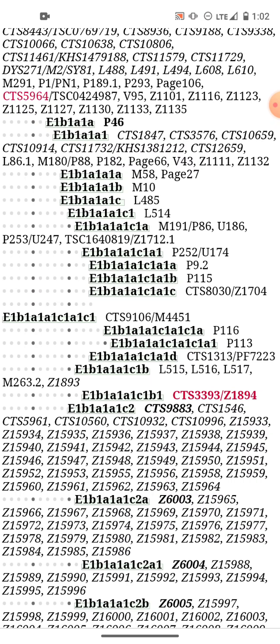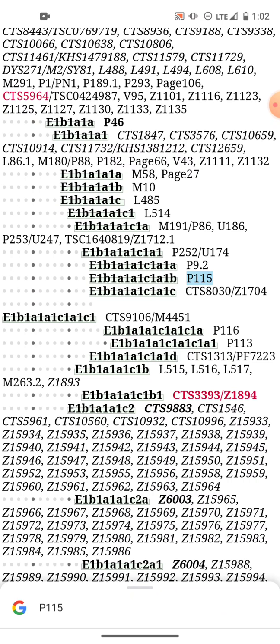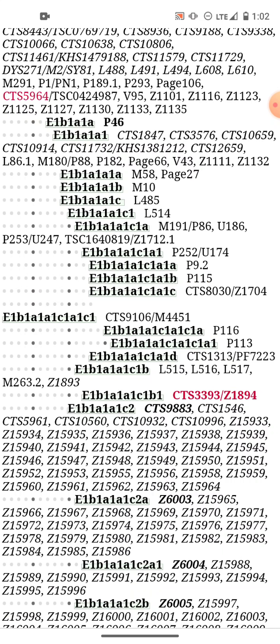So you do have P182, you do have P66, you do have V43 and Z1111 and so on. But the whole group in general is very rare. So I was able to find M180 recently.